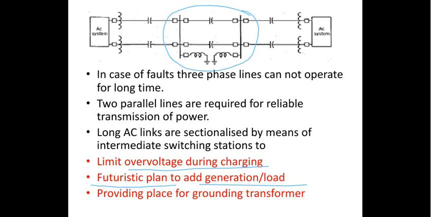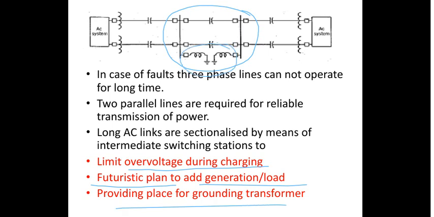In the earlier system, it is very difficult to have additional generation or load connected to a single circuit system, whereas here it is definitely possible for us to add generation as well as load as a futuristic requirement. And the third point here is the grounding transformer, right?